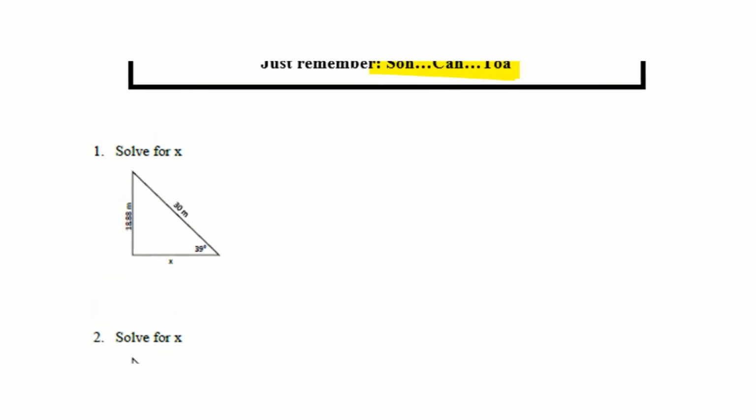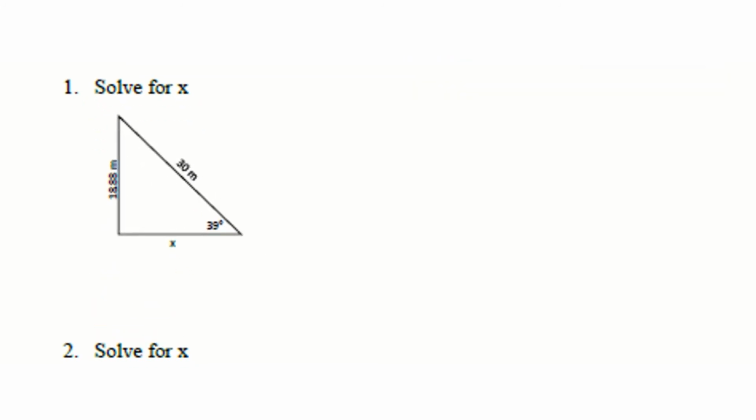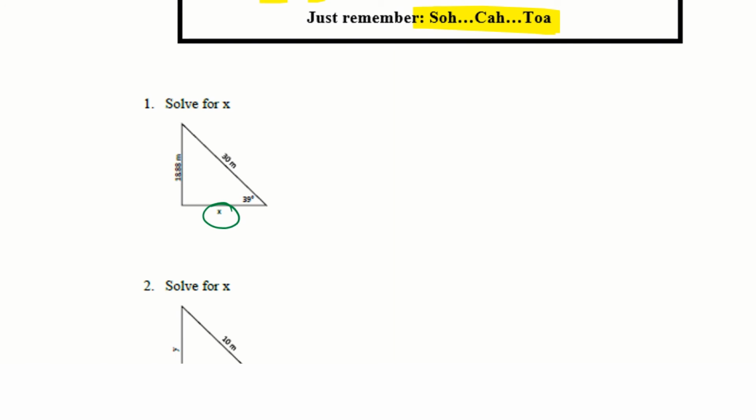The first problem says solve for x, which is a side of the triangle. Notice how they're giving you the hypotenuse and you have the other side of the triangle. So in reality, you can solve for this using the a squared plus b squared equals c squared formula. You can use either the method that we talked about in the previous section, which was solving for the variable first and then inputting the actual values, or you can just input the values and solve for the missing variable.